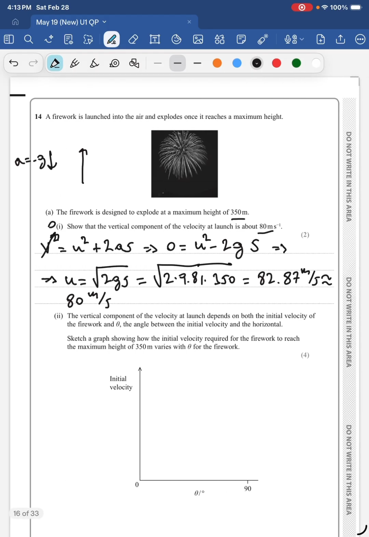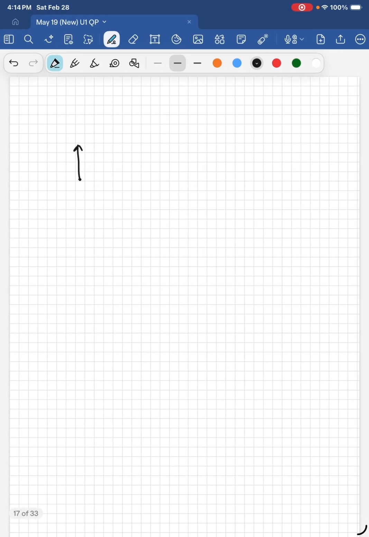So what they are saying is that in the problem we solved in part A, part 1, we assumed that the initial velocity, let's call it u, is pointing upwards. The angle it makes with the horizontal is 90 degrees.